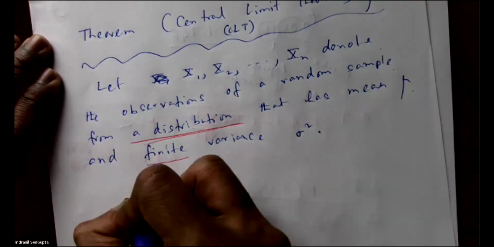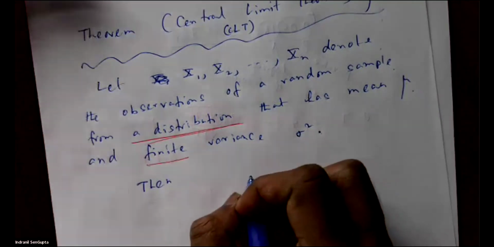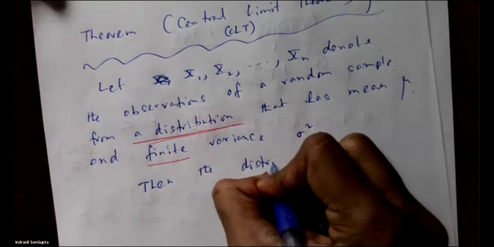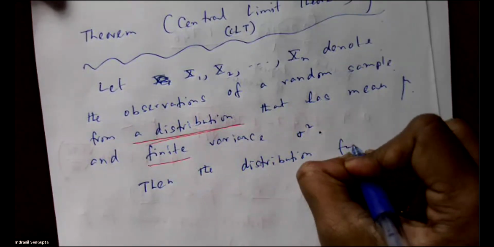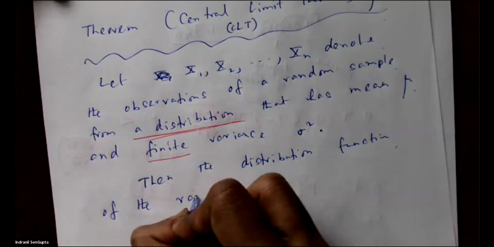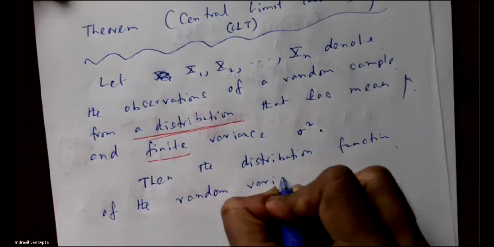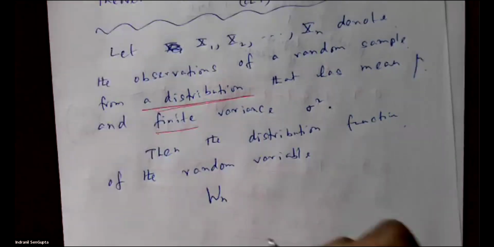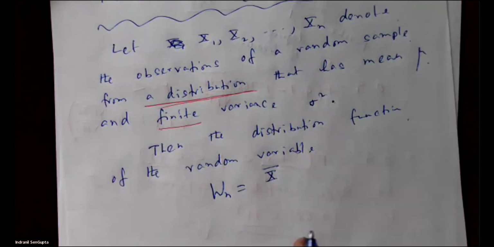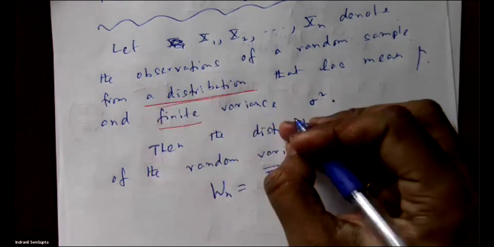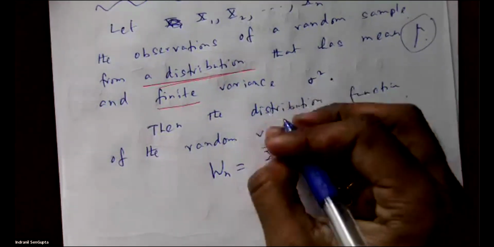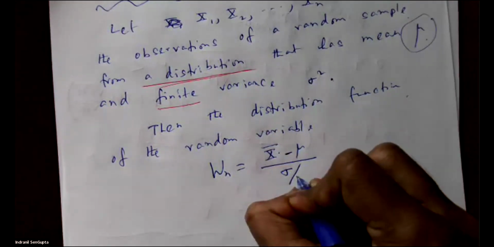Okay, then the distribution function of the random variable W sub n, we are constructing a new random variable, W sub n is equal to x bar, which is the sample mean, minus mu, this mu, over sigma over square root of n.